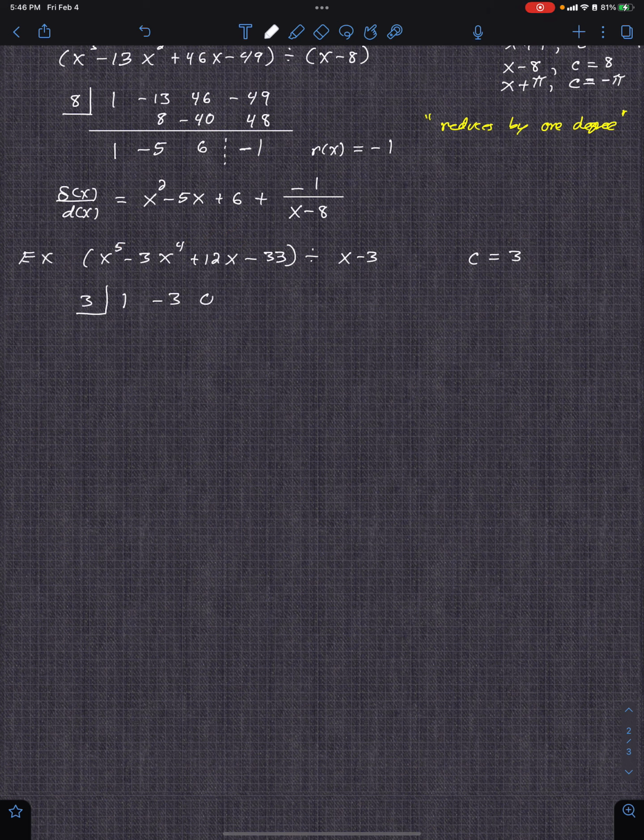So those need to be zeros. So this is x to the 5th, 4th, 3rd, 2nd. And now you put in your 12 and your negative 33. And then that last one is always your remainder.